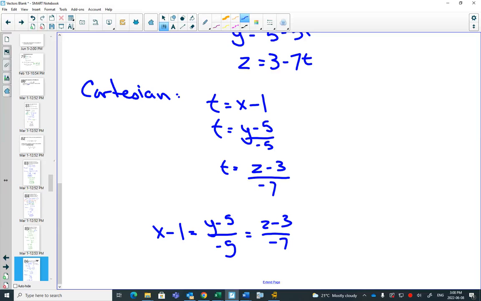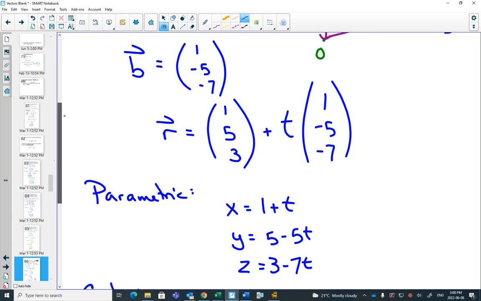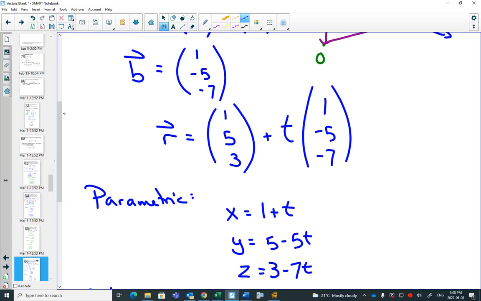And when x is 0, z would have to be also 10. So when x is 0, y is 10, z is 10, is a point on this line. However, it's probably much easier to see that, oh, if I want x to be 0, what should t be? Negative 1. And what's 5 plus 5? 10. What's 3 plus 7? 10. And it works out.